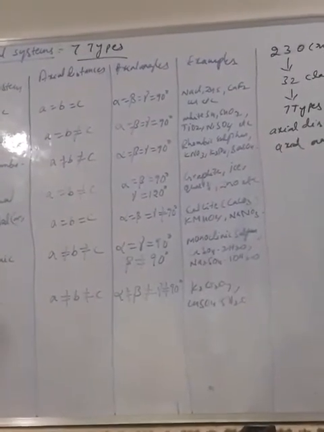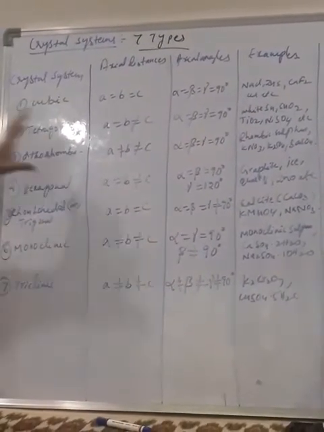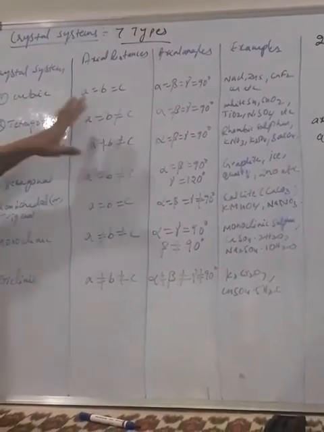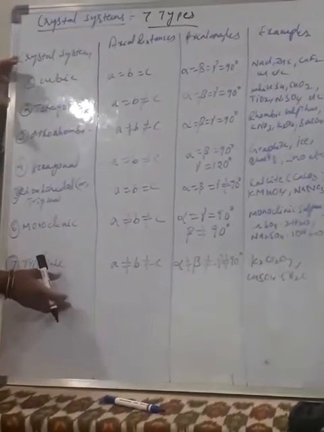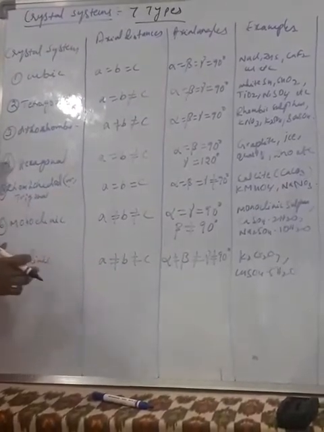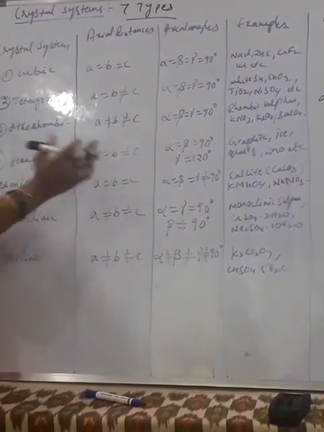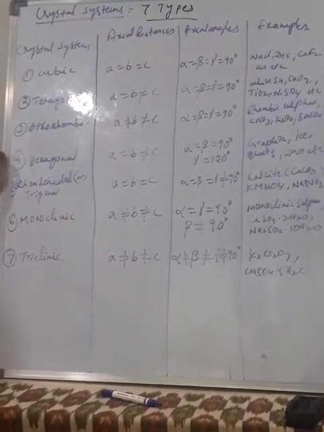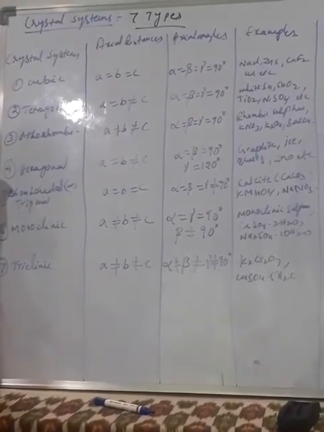Those 14 different types of crystal lattices are also called Bravais lattices. So these 7 types exist in different types of space lattices again. Totally 14 types of space lattices are available, and they are also called Bravais lattices. So the next topic is Bravais lattices.